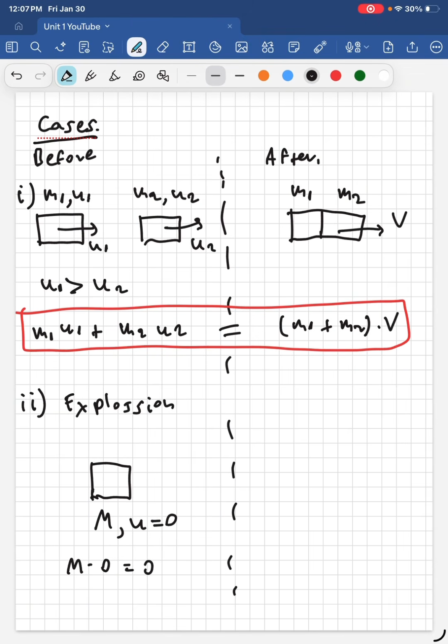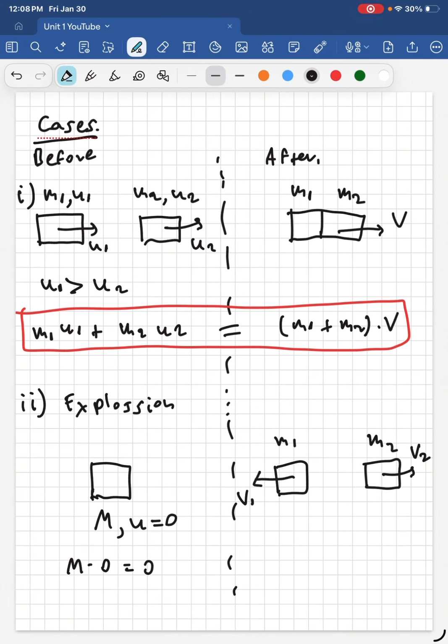But after the explosion, to the right of this dashed line is the situation after. Maybe it breaks into two objects. We have M1 moving to the left with velocity v1, and we have M2, the second chunk, that moves with velocity v2. So the object explodes into two pieces only, and they move in opposite directions.